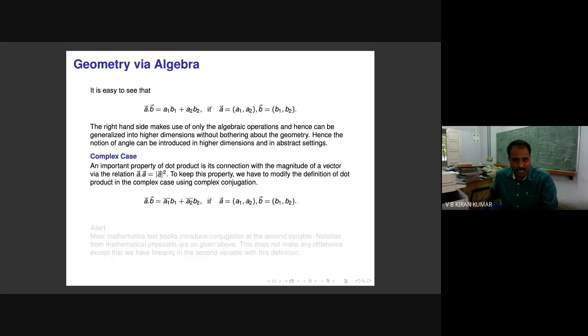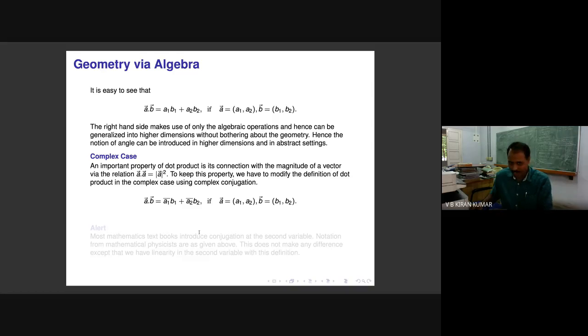Once we consider complex entries, if you need this property to be satisfied, then you need to take the conjugate here. So when you have complex vectors, A dot B should be defined as A1 bar B1 plus A2 bar B2, where this bar denotes the complex conjugate. Otherwise, you will not get this identity. That is something you can easily verify using some simple vectors like (1, i) or something.